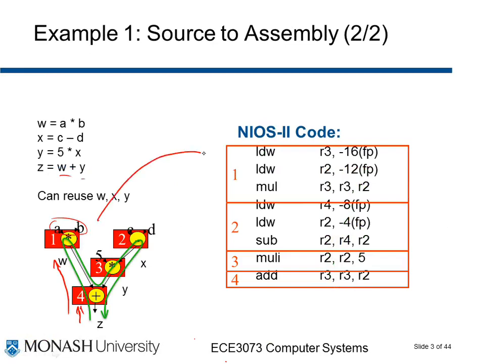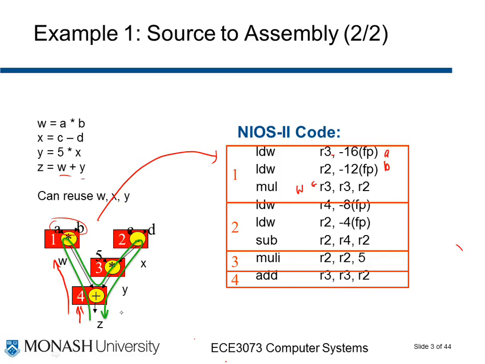So we can start translating this into NEOS code, which is load into R3 something 16 from the frame pointer, which presumably is A. Similarly, load B, compute their multiplication, store this in register R3, and this is presumably W.